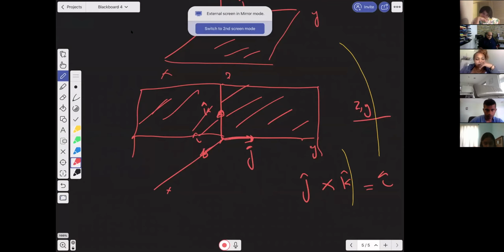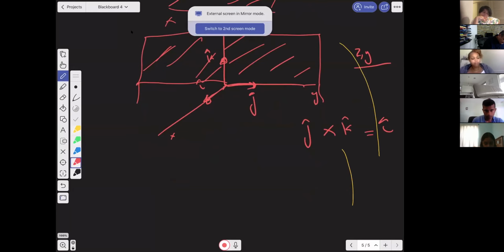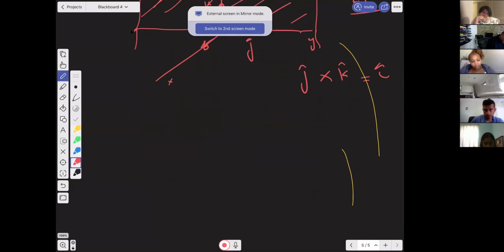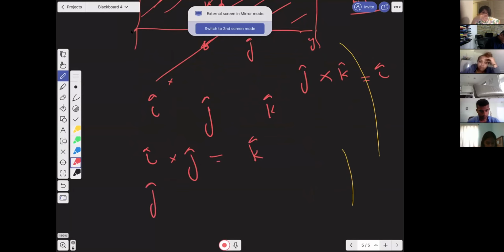So the equation that you have is like this: i, j, k. i cross j gives k. Now I go to the second with the third: j cross k is the first, i.